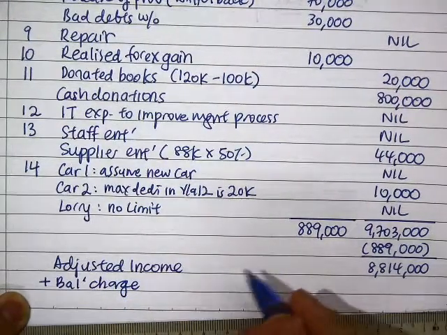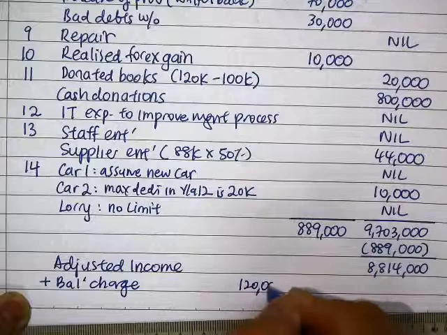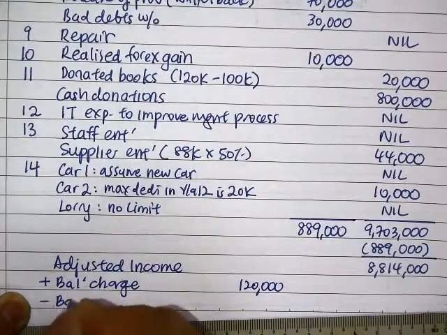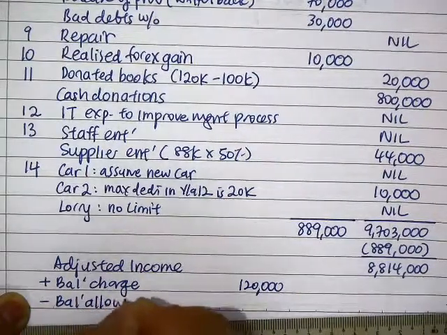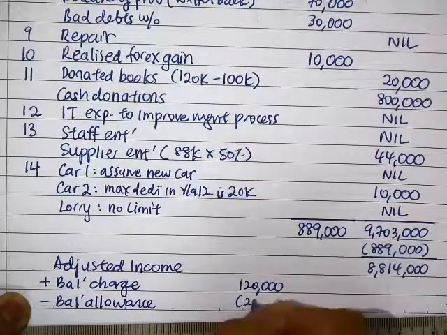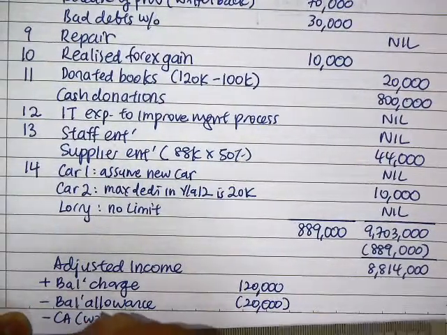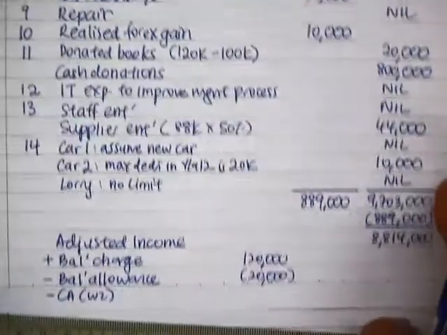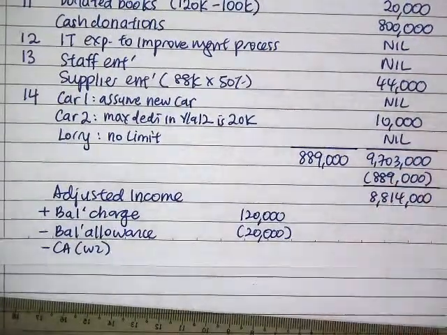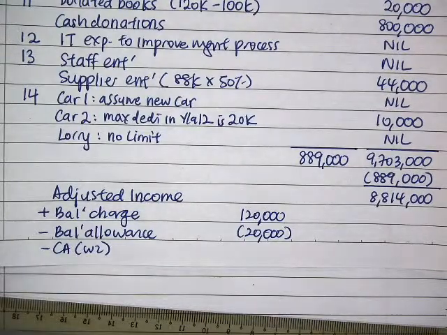Right, balancing charge is 120. Balancing allowance is 20. And then capital allowance.